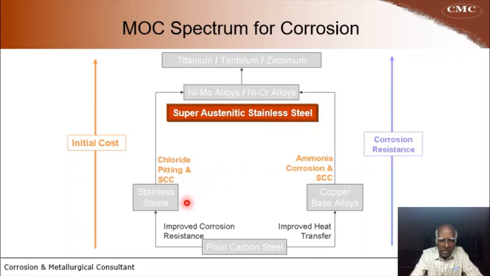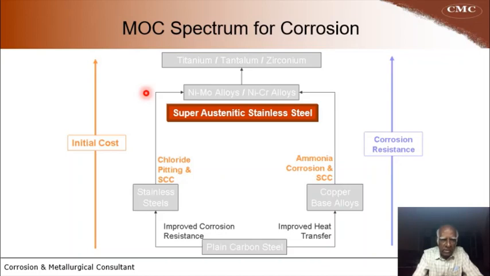The normal stainless steels are called austenitic stainless steels, whereas this is called super austenitic stainless steel by increasing the nickel content. The common super austenitic stainless steels are alloy 20, 904L, etc. These are used for highly corrosion resistant applications.